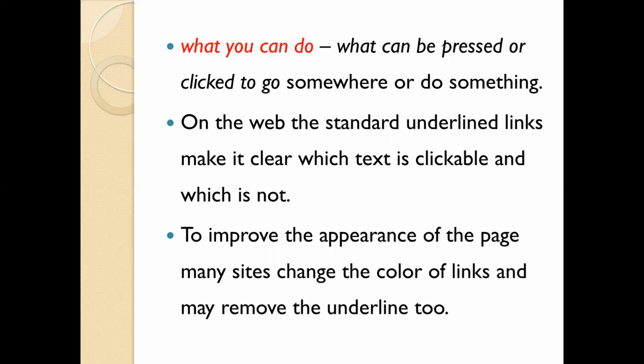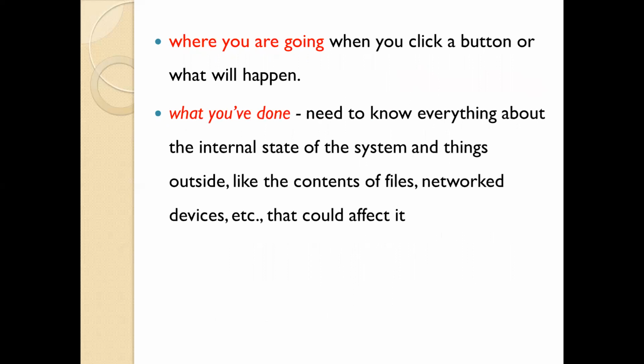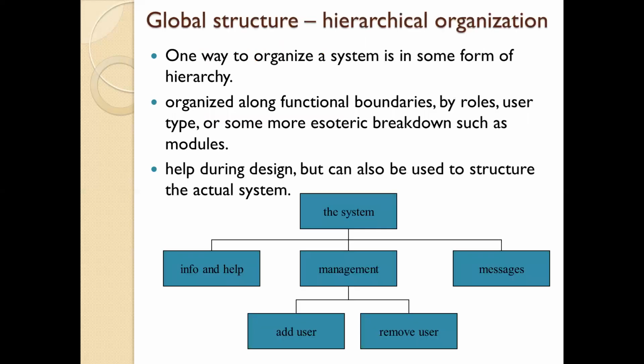To improve the appearance of the page, many sites change the color of links and may remove the underline too. Where you are going when you click a button, or what will happen. What you have done: you need to know everything about the internal state of the system and the things outside, like the contents of files, networked devices, etc., that could affect it.